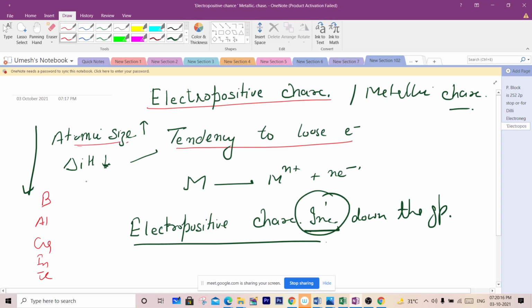Increases. So the enthalpy of ionization will decrease. If the enthalpy of ionization decreases, we need less energy to eject electrons. It means the tendency to lose electrons increases, and that is why the electropositive character increases as you go down the group.